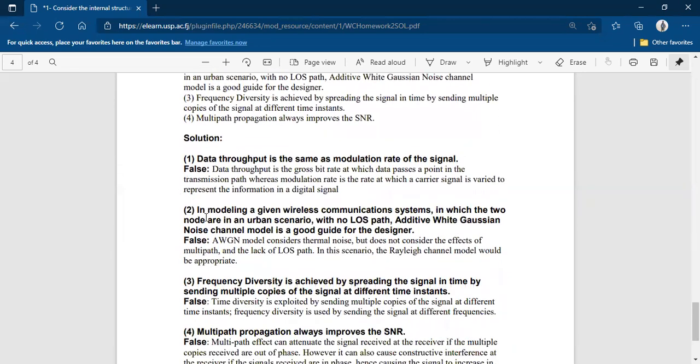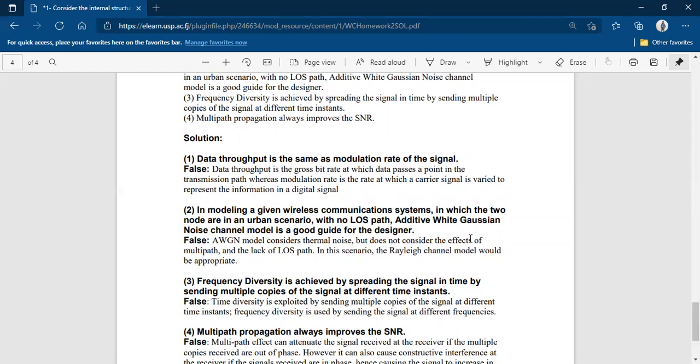Part 2, it says in modeling a signal wireless communication system in which two nodes are in an urban scenario with no line of sight path, additive white Gaussian noise channel model is a good guide for the designer. No, right? When we are talking about additive white Gaussian noise channel, we are basically talking about the model having external disturbances due to thermal energy, or having some sort of noise being added to that particular signal, right?